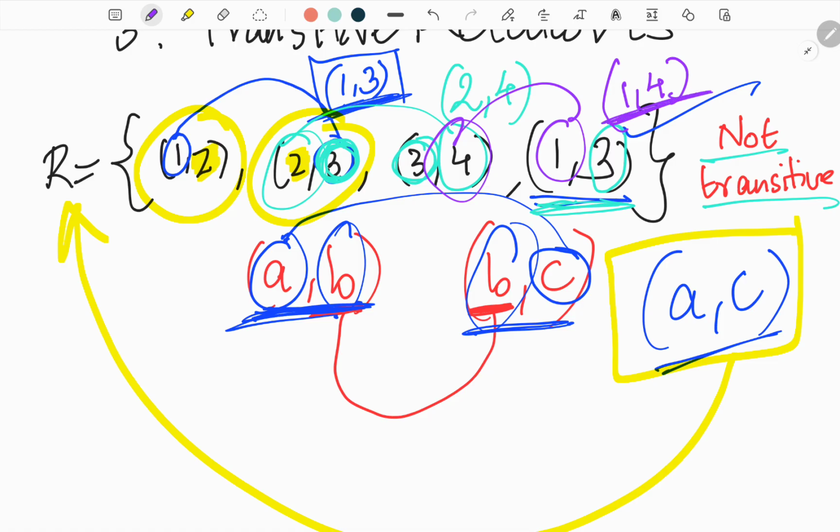This 1, 4 should also exist if you want this relation to be transitive. So you have to consider all the possible cases. If you are only including 1, 3 and 2, 4, it is not transitive because the number 3 is acting as an image in this ordered pair and even in this ordered pair. So you need to satisfy all the possible conditions.